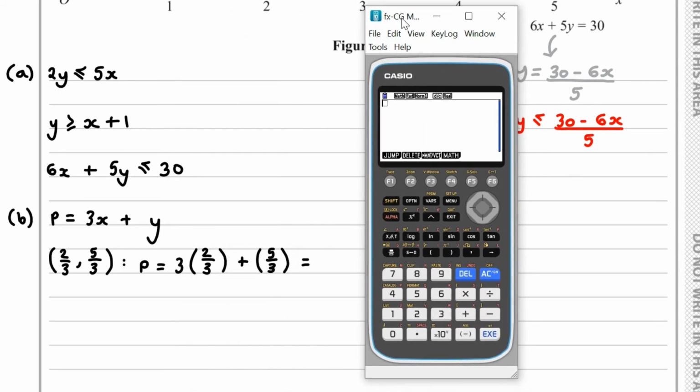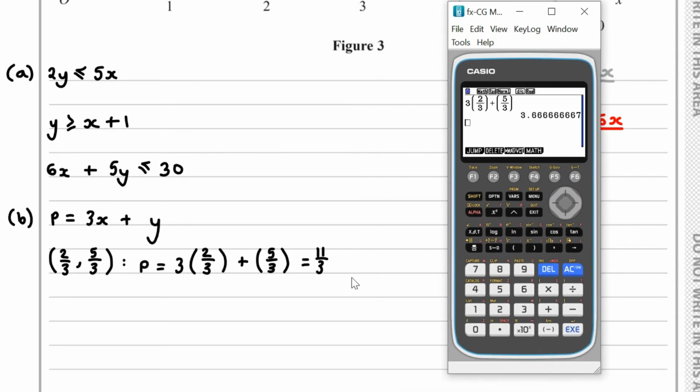Here we've got 3 lots of 2/3 plus 5/3. Turns out here we get 11/3, which is equivalent to 3.6, etc.